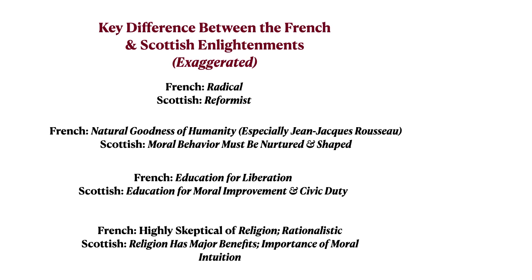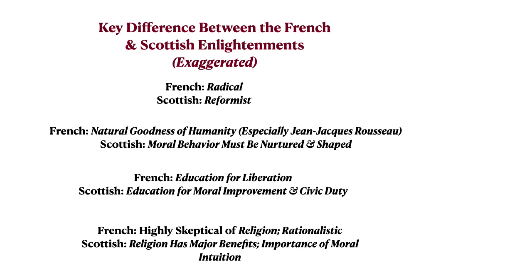So just to give you some of the difference between the French Enlightenment and the Scottish Enlightenment, and these are all exaggerated, but they have an element of truth. The French Enlightenment tended to be much more radical, the Scottish Enlightenment more reformist. The French Enlightenment often stressed the natural goodness of humanity, and that's especially true with Jean-Jacques Rousseau, who is sometimes regarded as a post-Enlightenment figure, but he's definitely of the time period.